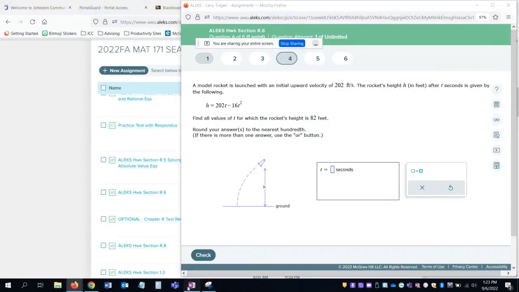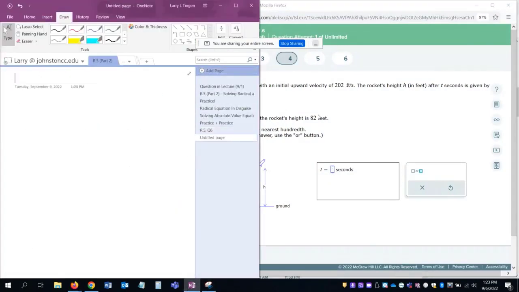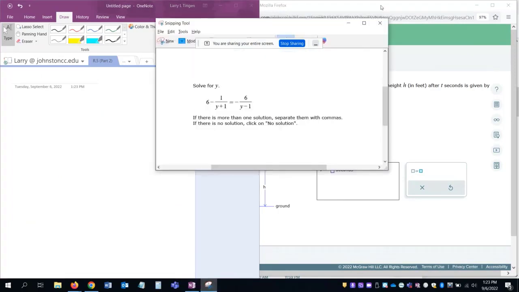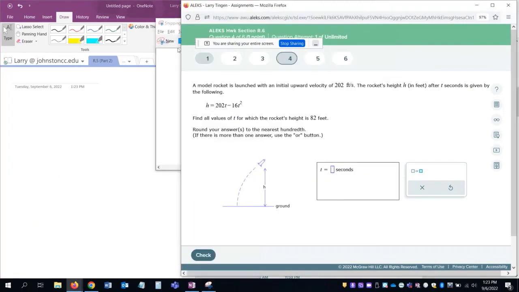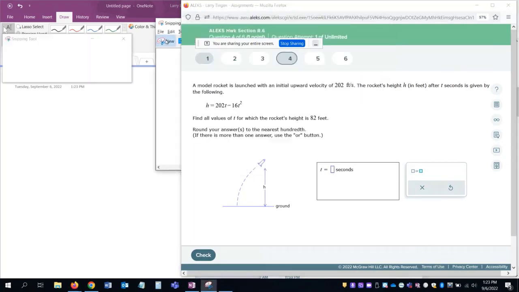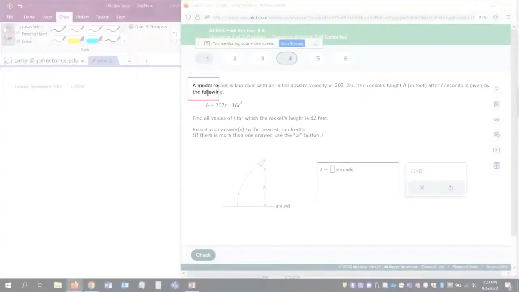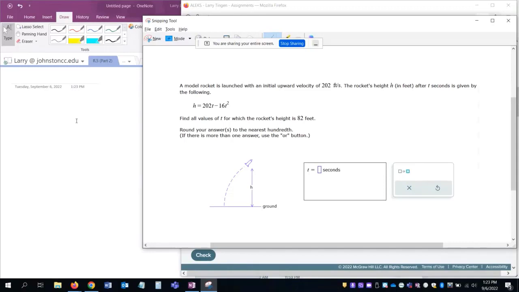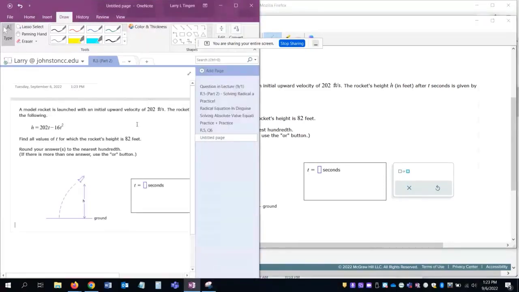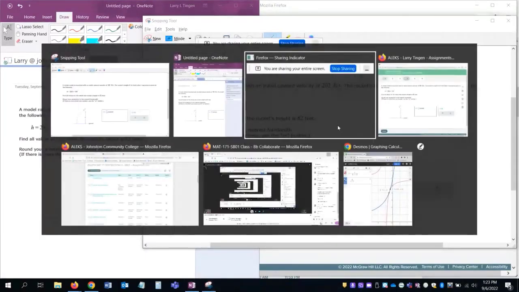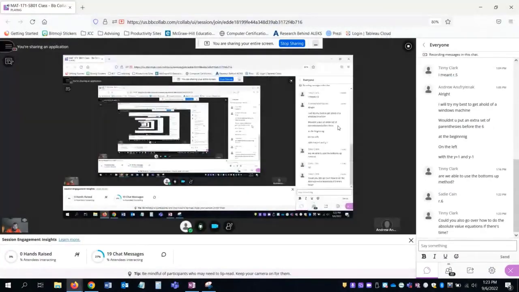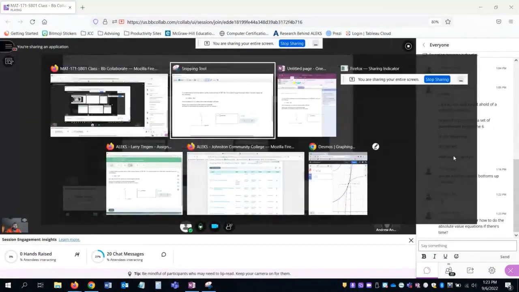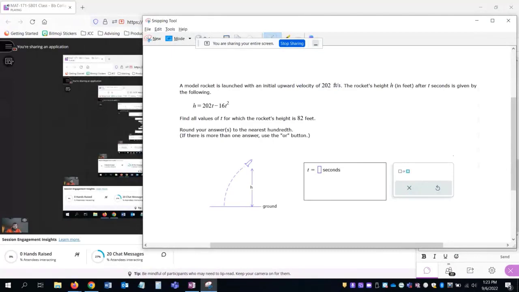So let's take a glance at this. Oh yeah, we haven't covered that in the notes, so yes, we will talk about the absolute values.